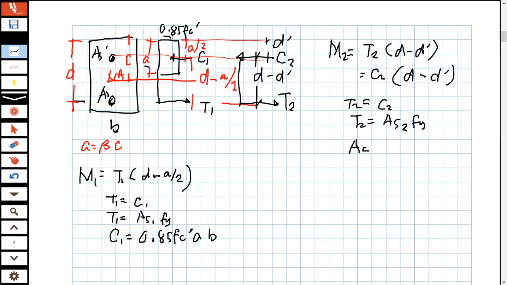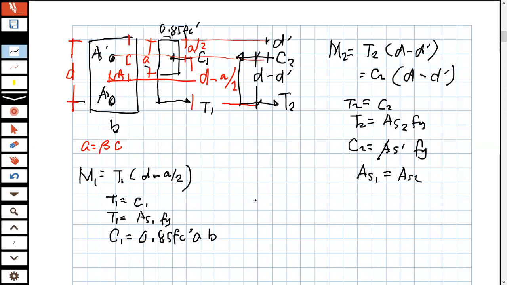C2, sorry, is already for the reinforcement, so we can have As prime fy. So we know that As prime is equal to As2.